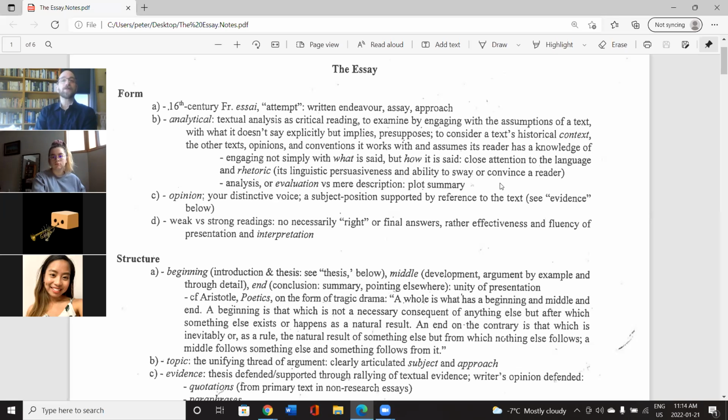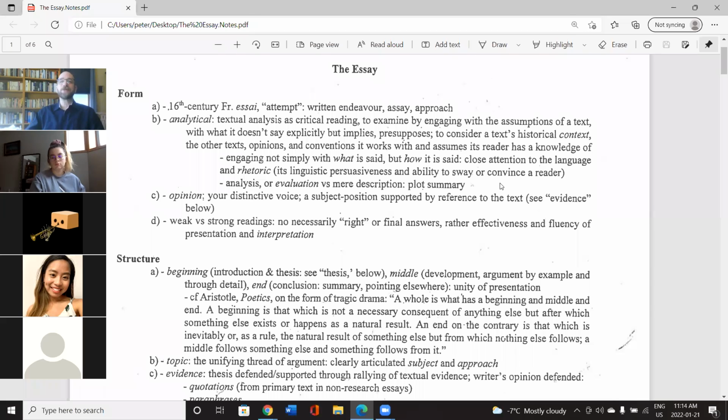Do you present me with a strong reading as opposed to a weak reading? So if there are no necessarily right or wrong responses to literary text, for example, a poem or a short story or a satirical essay, there are effective and fluent ways of interpreting and presenting your argument as opposed to weak, unpersuasive, and poorly structured ways.